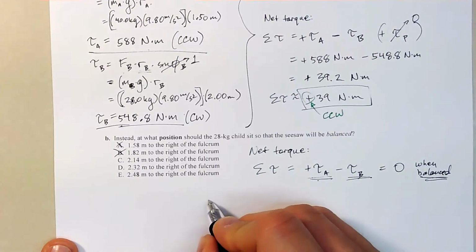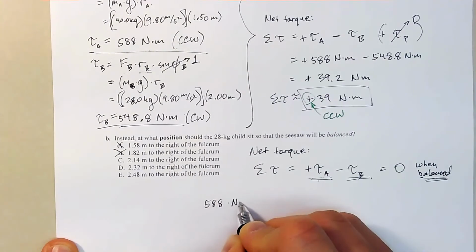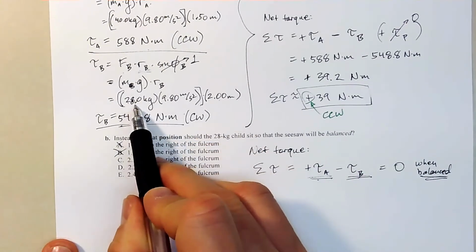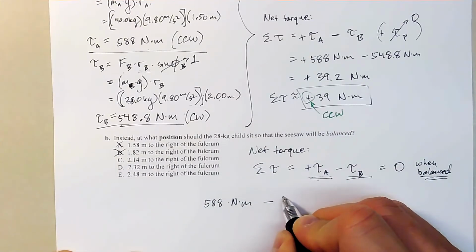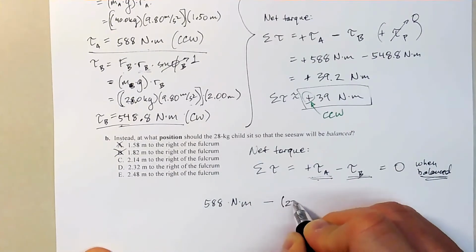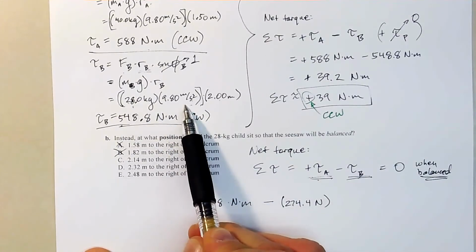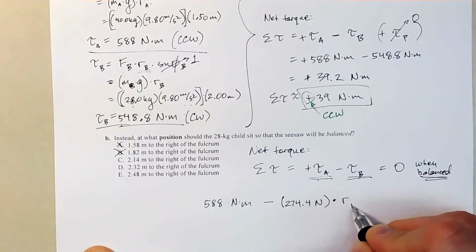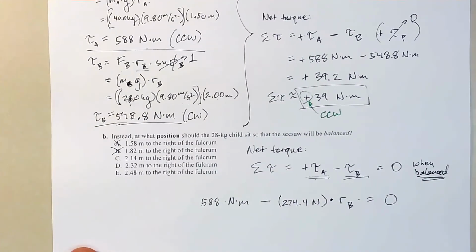The torque from child A is positive 588 newton meters. And the torque from child B is going to be 28 times 9.8, which is 274.4 newtons. I didn't show it up here, but this is 274.4 newtons, the force from child B, times RB. That needs to be equal to 0.